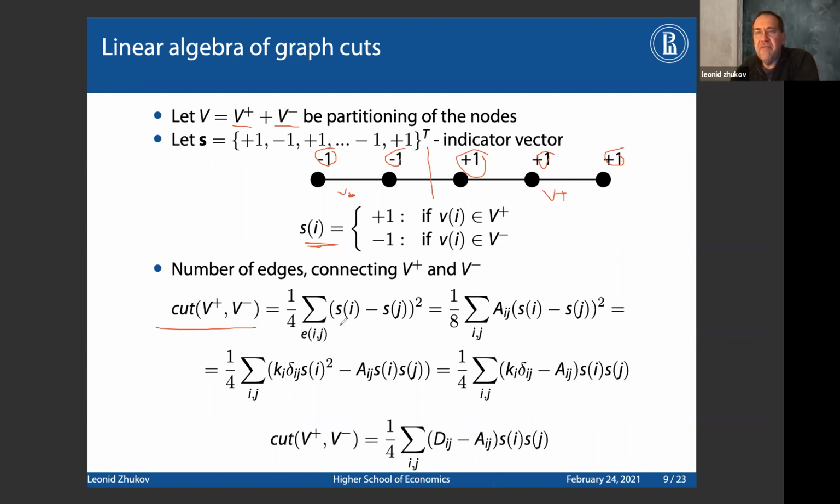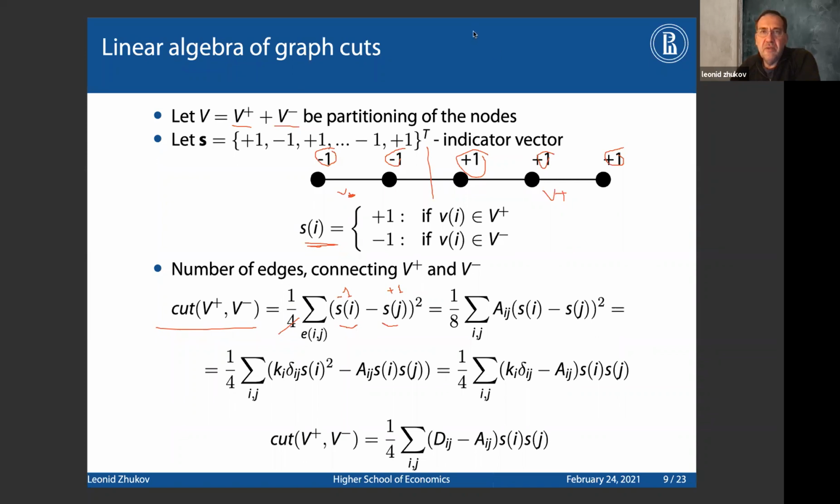Look, if two nodes belong to the same partition, then their values are both 1 or both -1, and the difference is equal to 0. Now, if nodes i and j belong to separate partitions, then one of them is, for example, equal to 1 and the other is equal to -1. So you add them up, it becomes 2 squared is 4, divided by 4 is 1. Or if it is -1 and +1, the same thing.